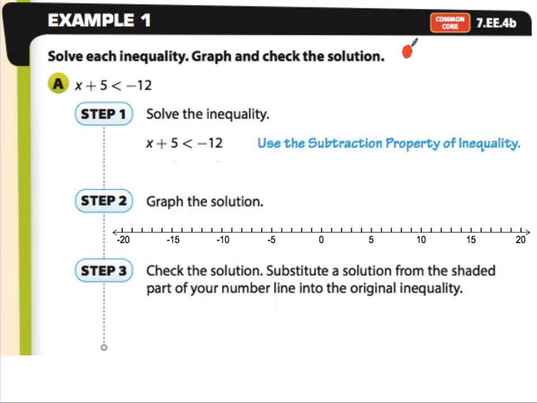You have to use a closed dot when you have less than or equal to and greater than or equal to. That shows that because it says equal to, you can include that number in the solution set. You have to use an open dot for less than and greater than, because that shows that you cannot include that number in the solution set.